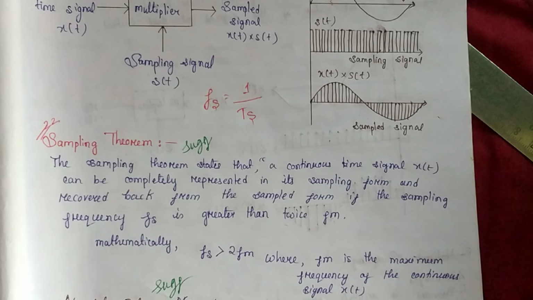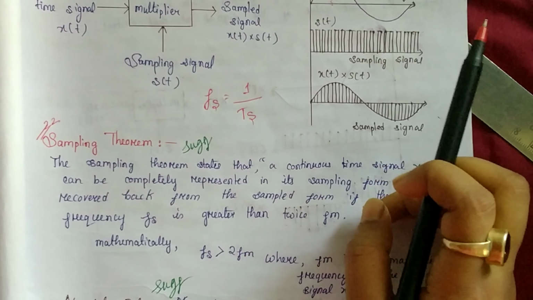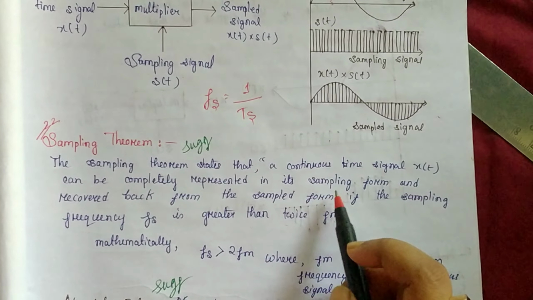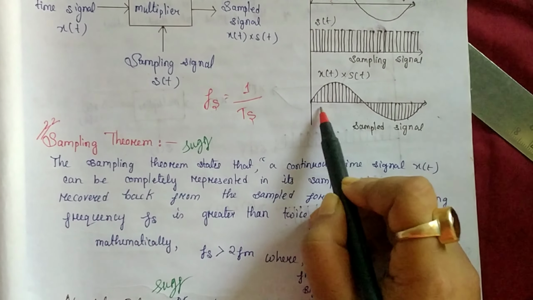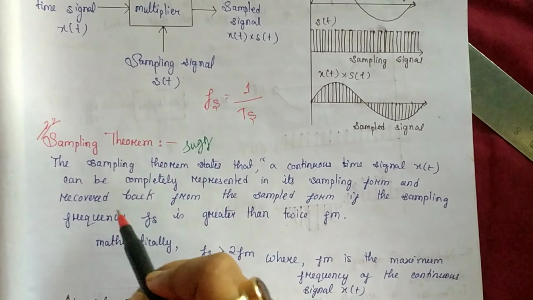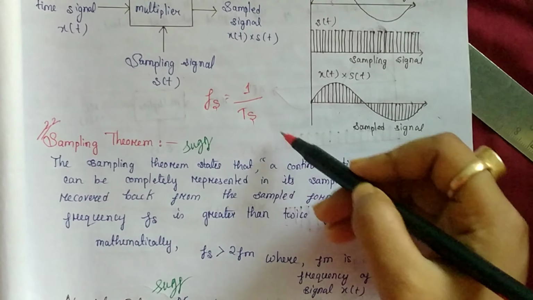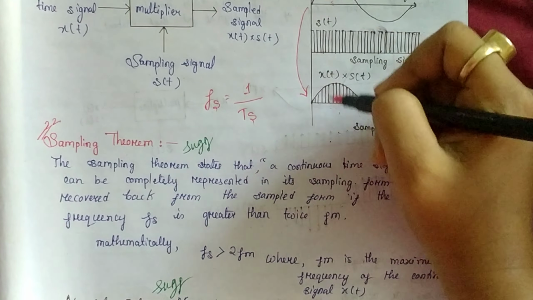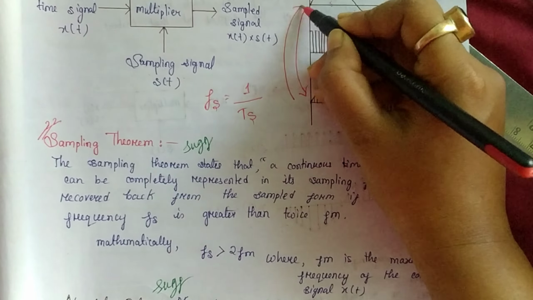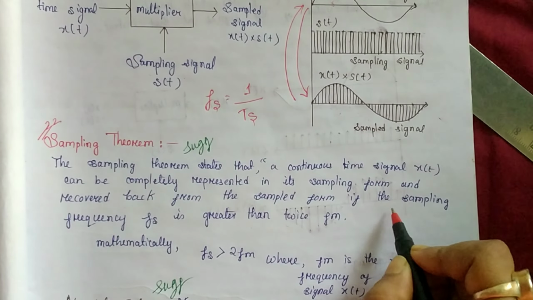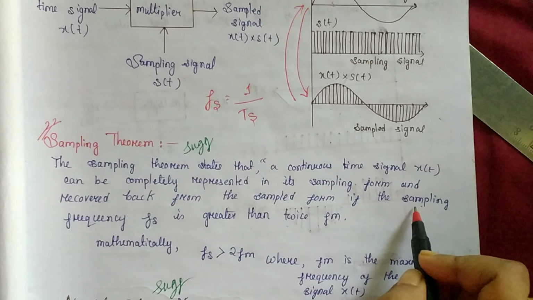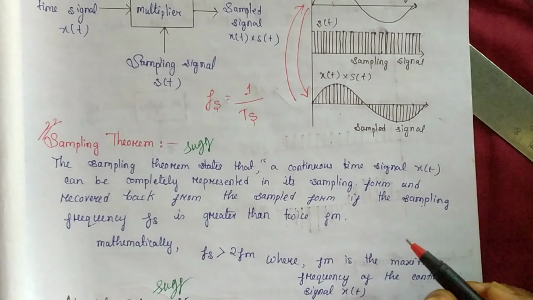So the explanation of the sampling theorem is simple. We can convert, or represent, a continuous signal into its sampled form, and also recover the continuous signal from the sampled form, if and only if the sampling frequency fs is greater than twice fm.